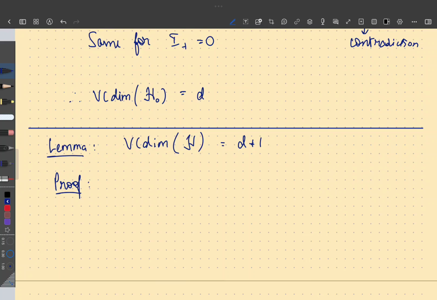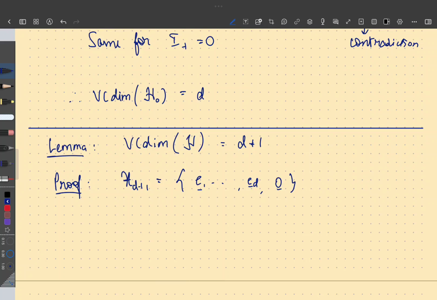First we need to show that some set of d plus 1 points can be shattered. Again we're going to take the same set, e1 to ed, the d basis vectors. I'm also going to append the 0 vector to this. And I want to show that this can be shattered.